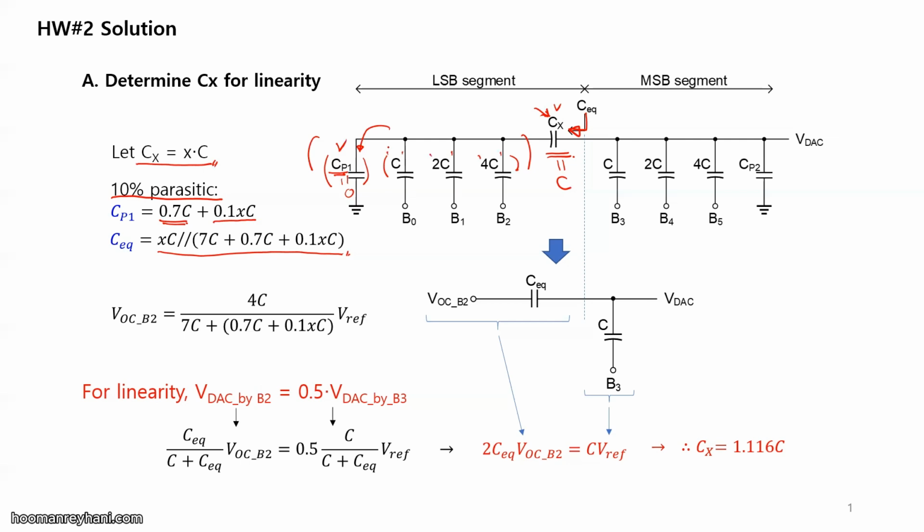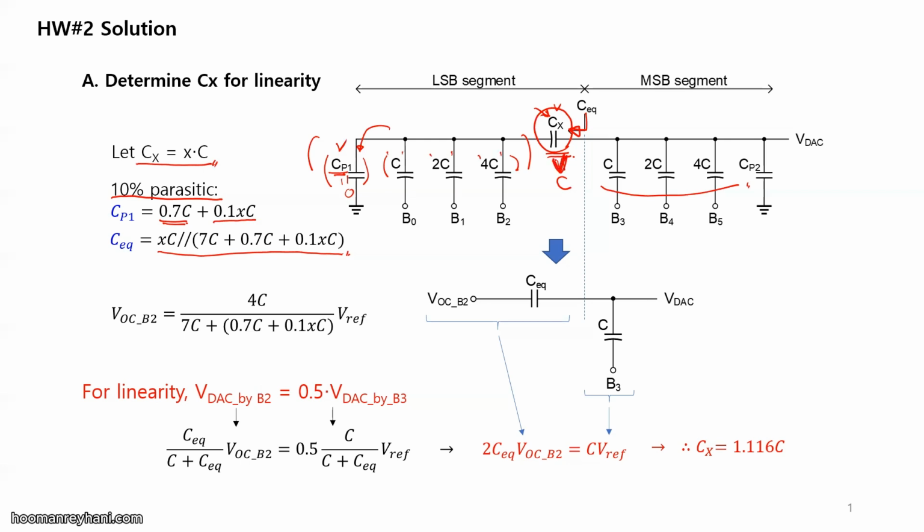So in order to compensate the reduced weight compared with the MSB part, we need to increase this Cx value. So we can say at least Cx should be larger than unit cap, right?